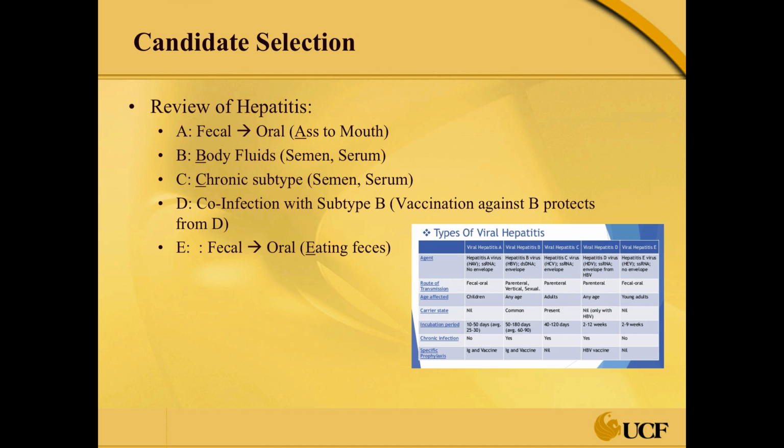But now with Harvoni and some of the other newer, very potent antivirals, we can eradicate hepatitis C in the vast majority of populations. Remember that there is no vaccine for hepatitis C, but there is a vaccine for hepatitis A and hepatitis B. So vaccine-preventable hepatitis includes types A, B, and D.